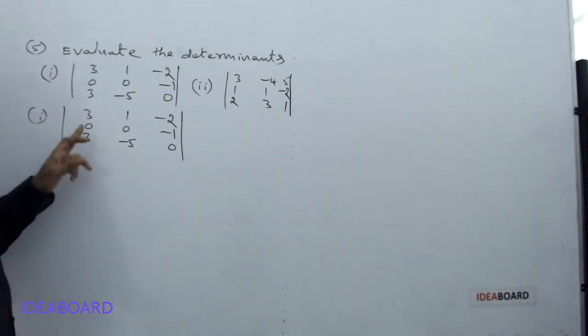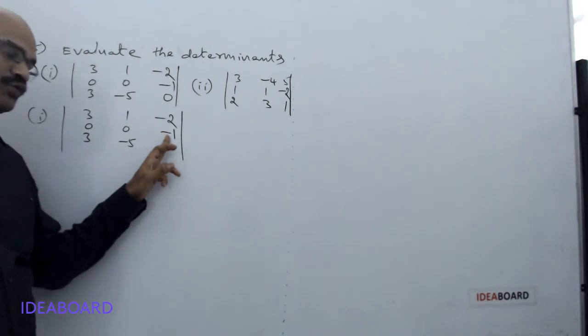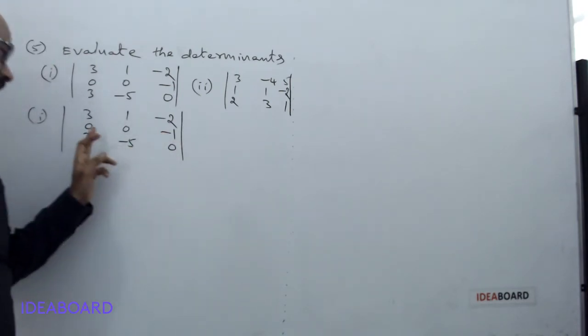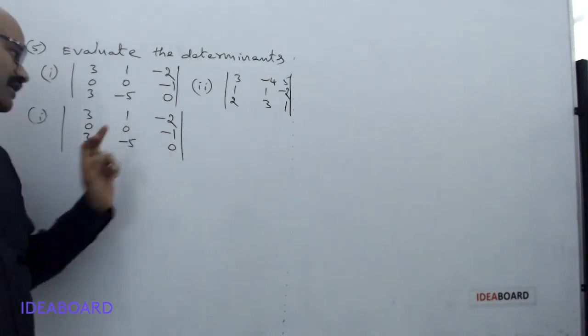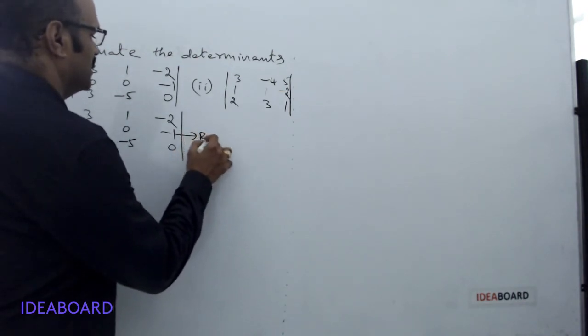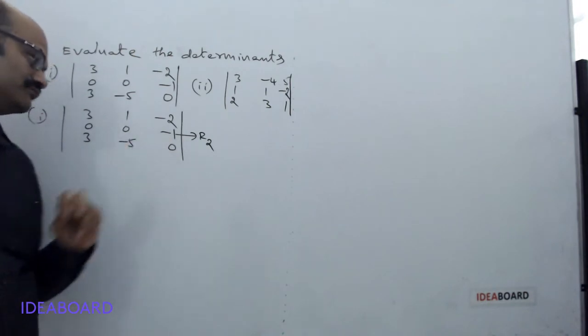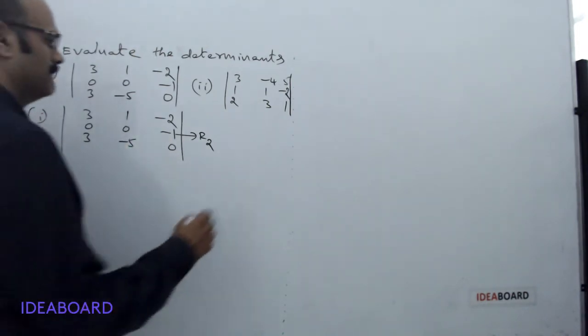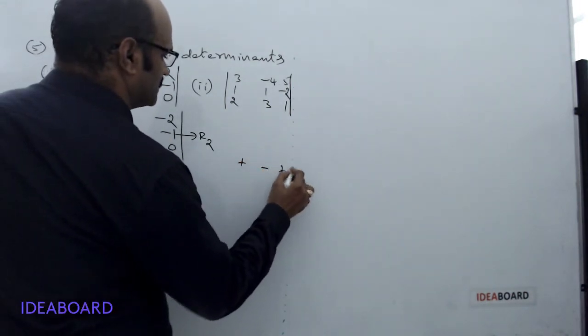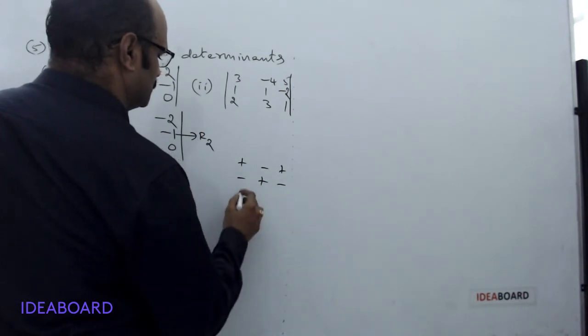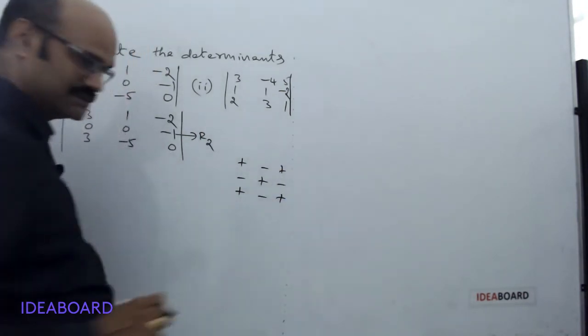Since we are having 2 zeros in R2, we can find the value of this along second row. Row 2 is here we are having 0, 0, minus 1. Here the signs are plus, minus, plus, minus, plus, minus, plus, minus, plus.